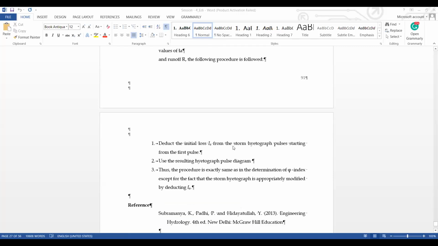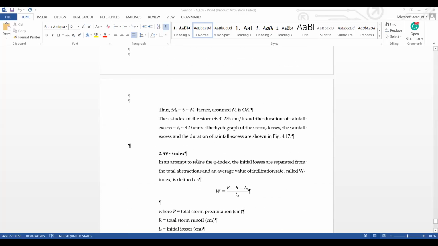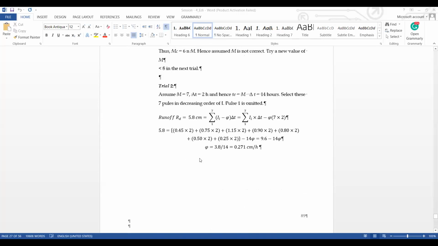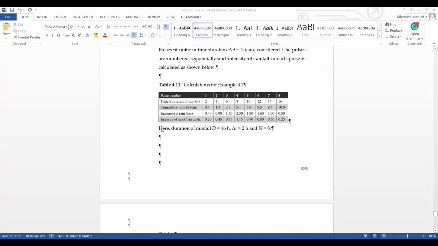Deduct the initial loss from the storm hydrograph pulses starting from the first pulse. Now, if you go to the previous calculation in this table, you only have to introduce another row which represents the initial losses. You only have to deduct it from the incremental rainfall and you can calculate the intensity.